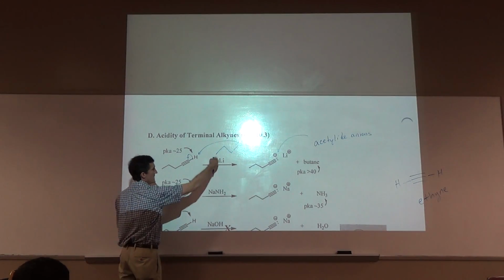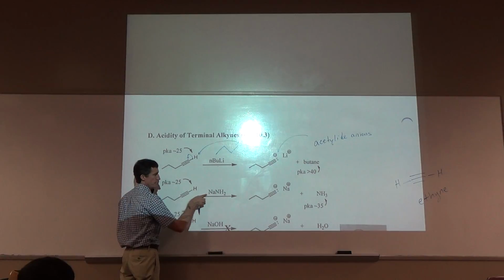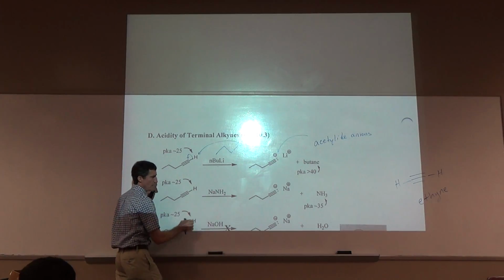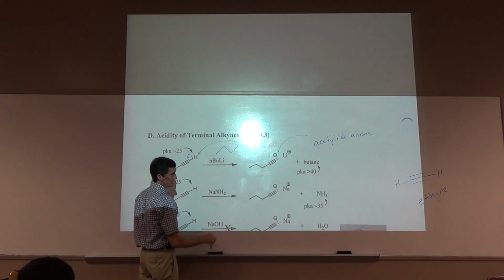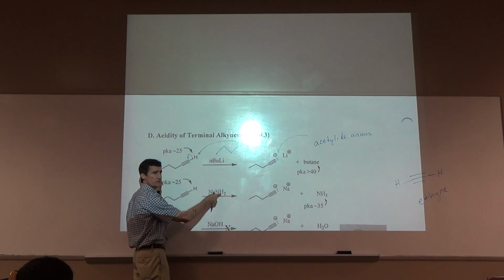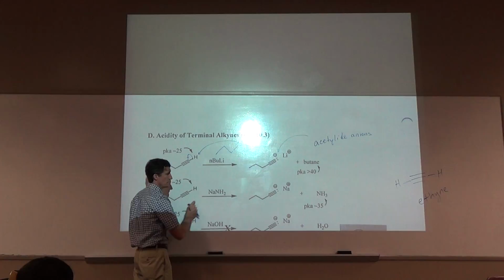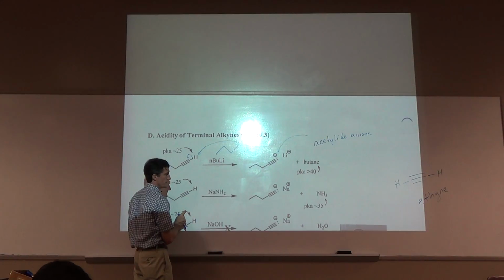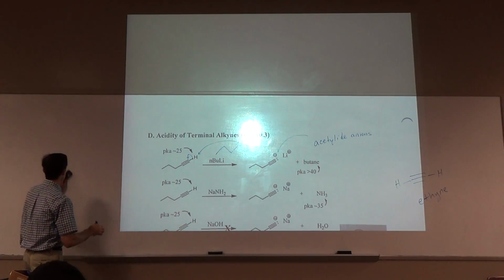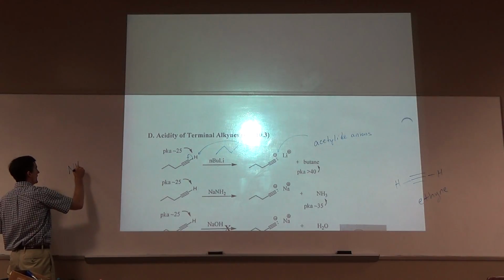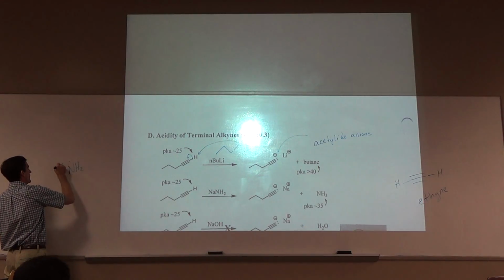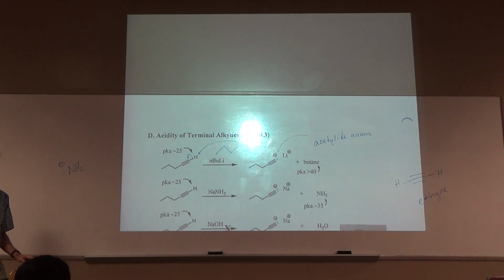Okay, another base we can use, sodamide, sodium amide. Of course, this is just like what we saw up top. This is sodium plus NH2 minus. What do you call a negative nitrogen? What do you call negative chlorine?